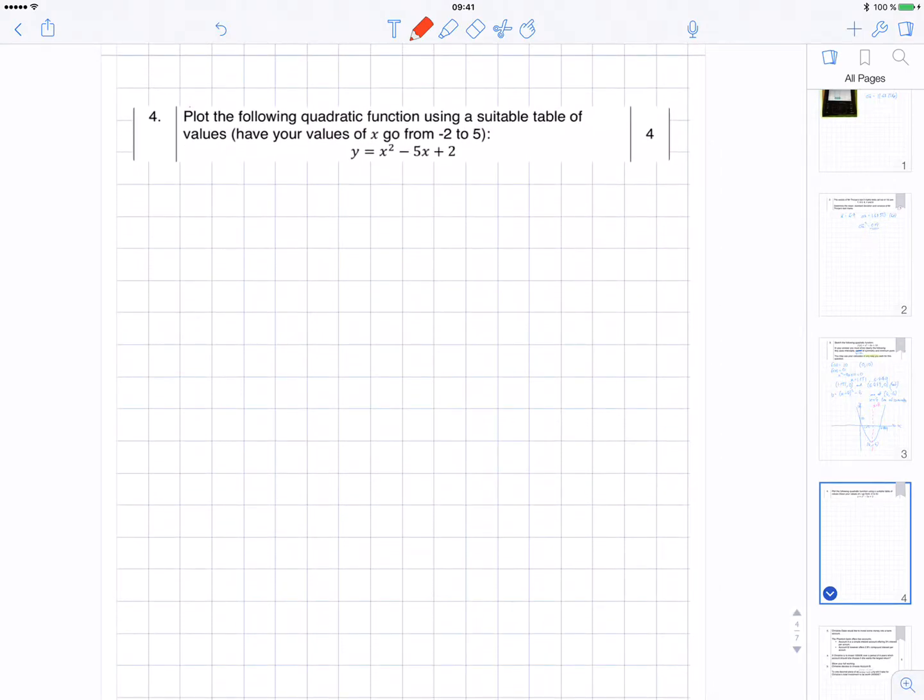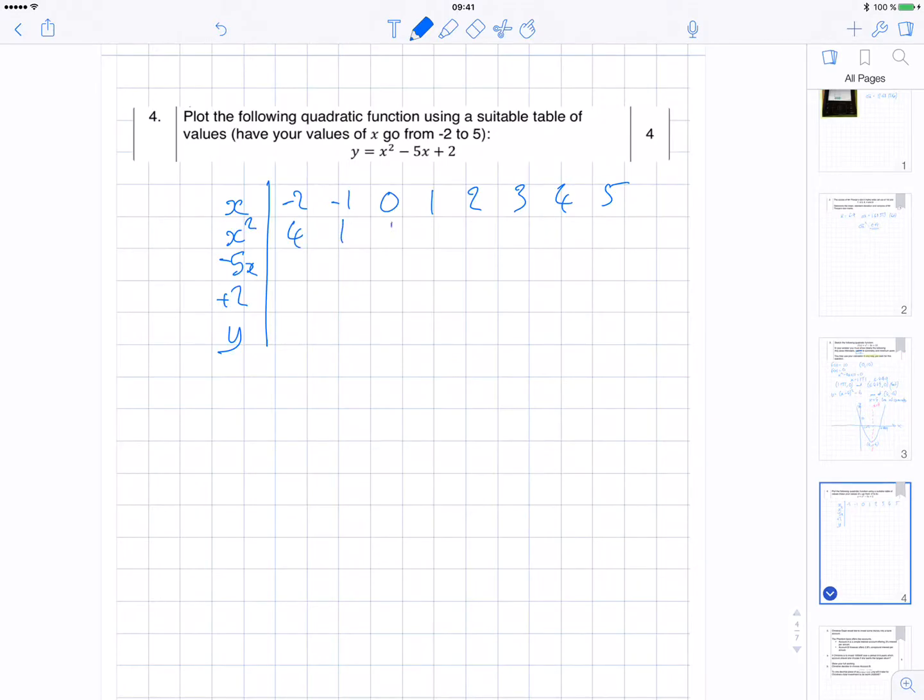Question 4. Plot the following quadratic function using a suitable table of values. So this should be quite nice and easy. We did this in class together. x squared minus 5x plus 2, and y, we got minus 2, minus 1, 0, 1, 2, 3, 4, 5.